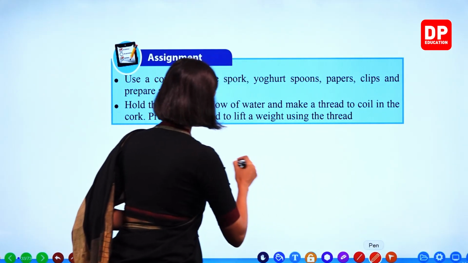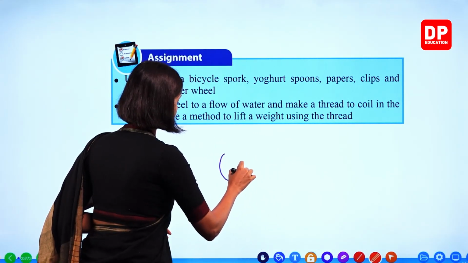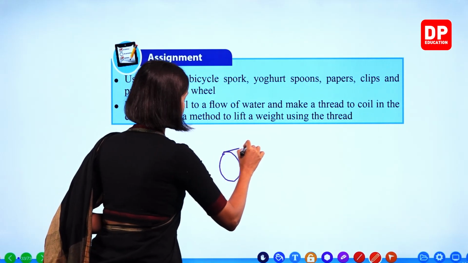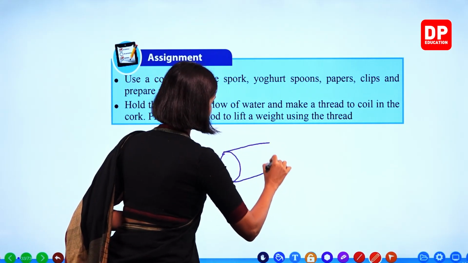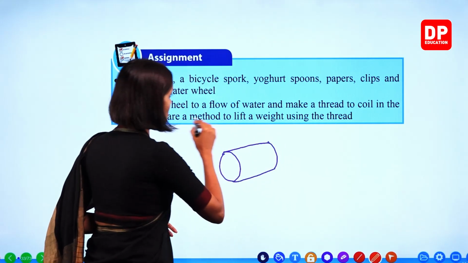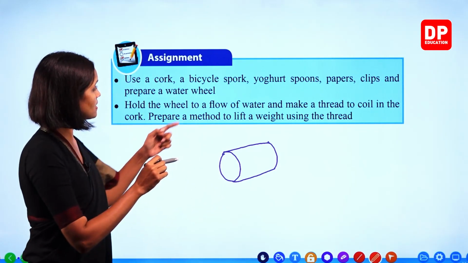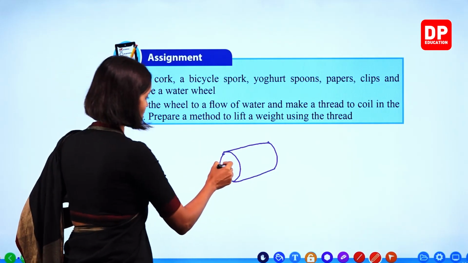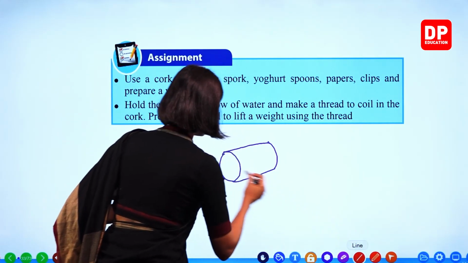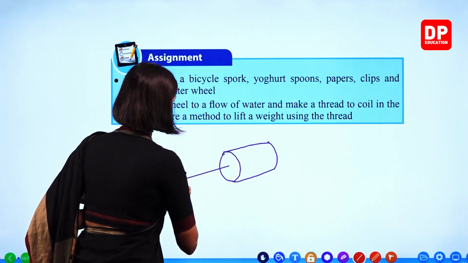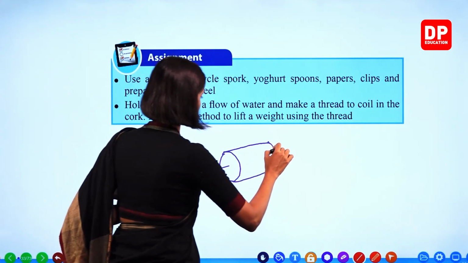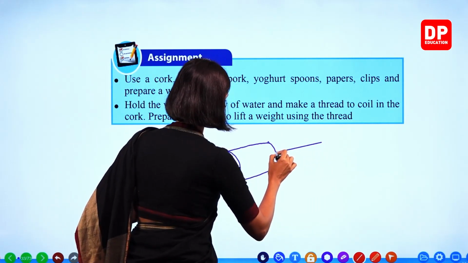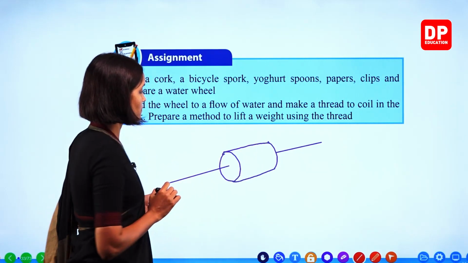You can take the cork like this, and then pass the bicycle spoke through it, like the axis. So this is the axis.